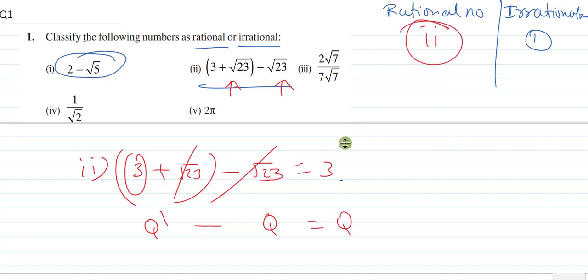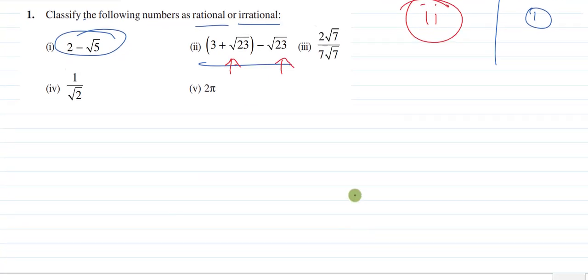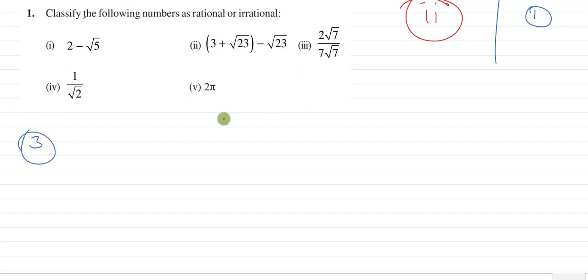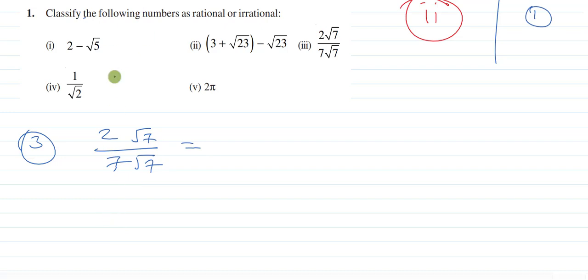Now start with the third one. What will be the third answer? Here, the numerator is an irrational number. The denominator is also an irrational number, right?